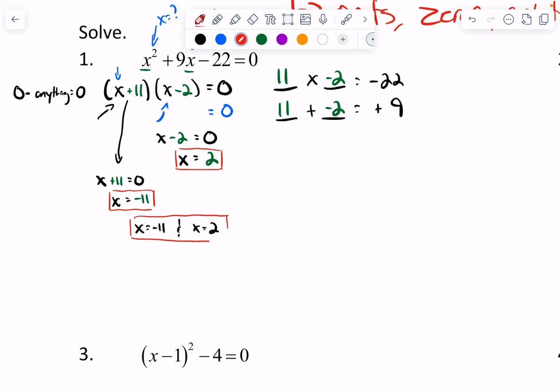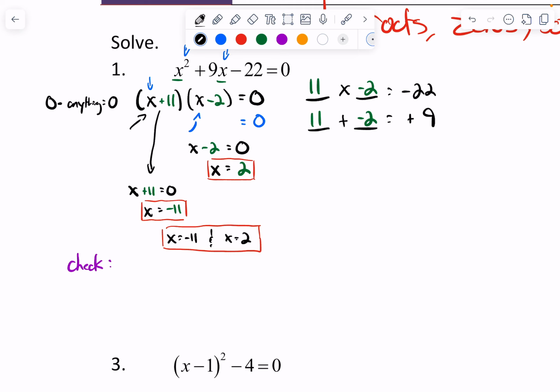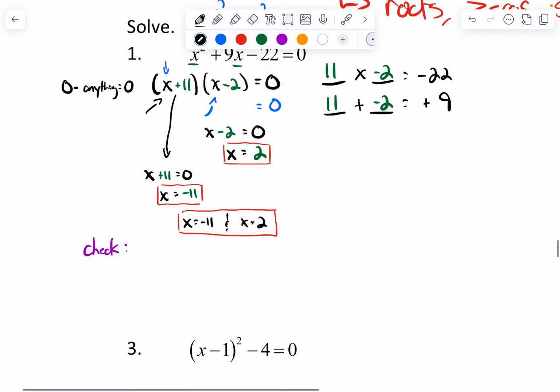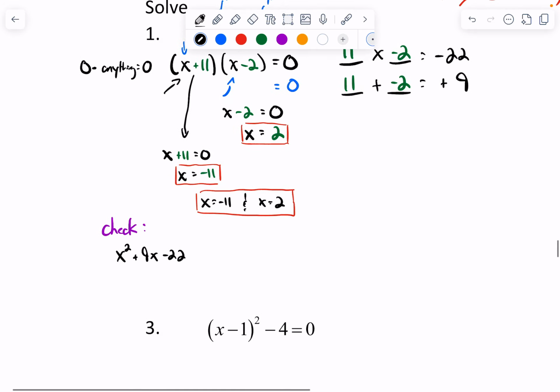And let's just prove it. This is just a show. I'm not going to do this for every single one, but let's check, meaning let's show that those actually result in zeros. If you have your original expression, x squared plus 9x minus 22, let's see what happens when we plug in one of those values.